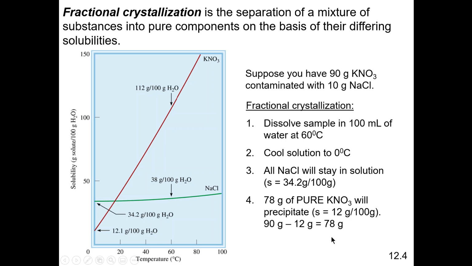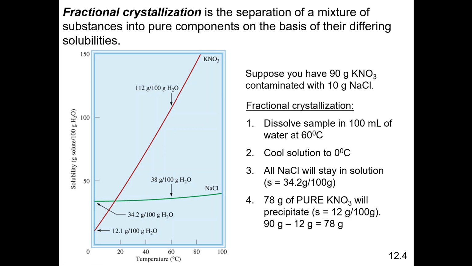We can actually calculate that based on the fact that we started off with 90 grams of the potassium nitrate, and we know that at 0 degrees, the amount that stays dissolved is 12.1 grams. So the difference between the 90 and the 12.1 grams will give you the mass of the potassium nitrate that will come out of solution.